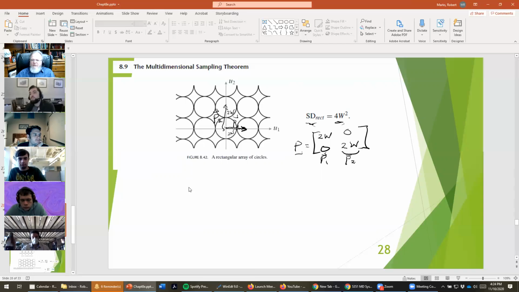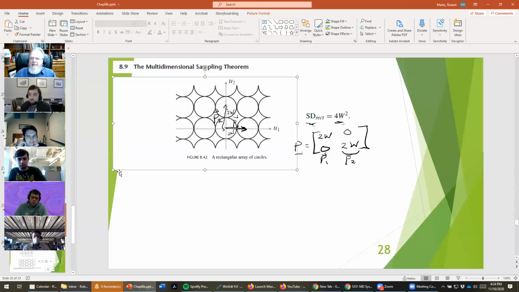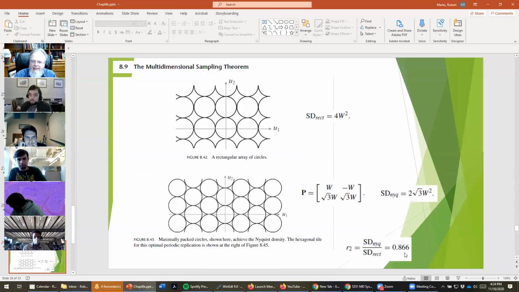Now, we mentioned in information theory and other places, we might like to pack these circles as closely as we possibly can. And if we pack them more closely, we're going to get a smaller sampling density. In fact, we get the Nyquist density by packing them as close as we possibly can, such as here. Now here, let's see what we have.